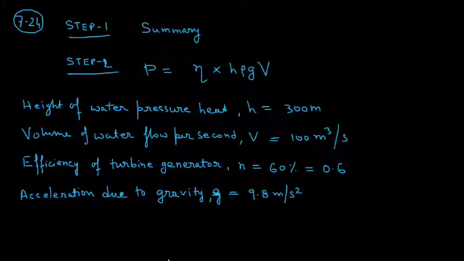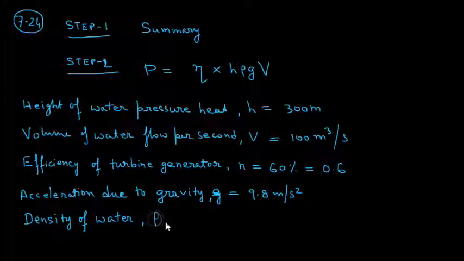Density of water rho is equal to 10 to the power 3 kg per meter cube.